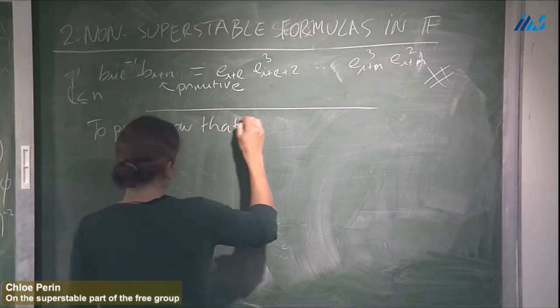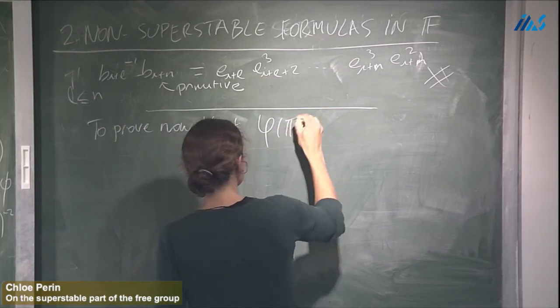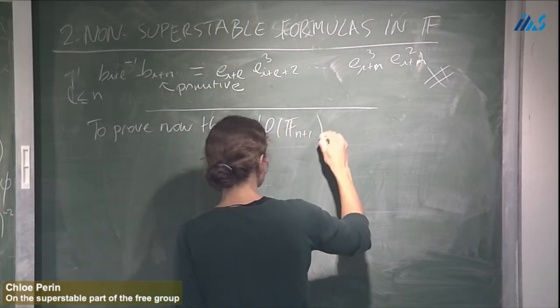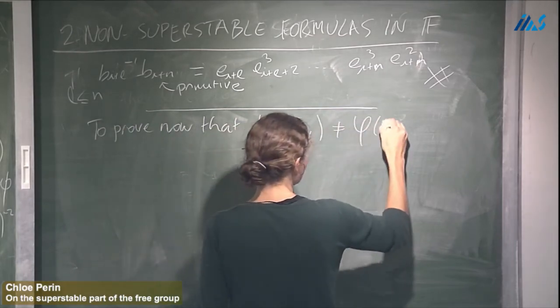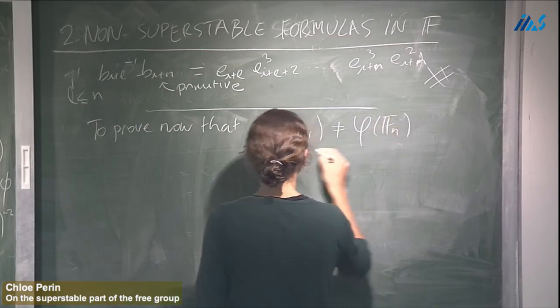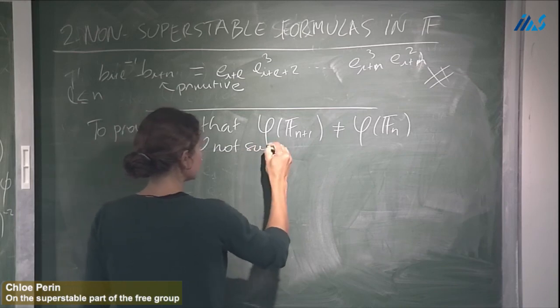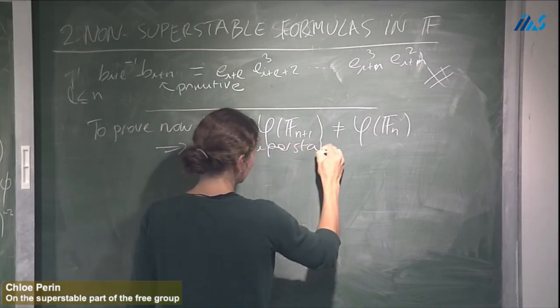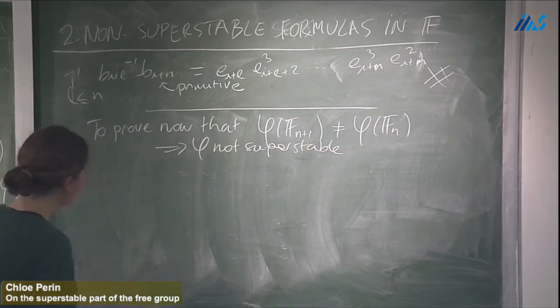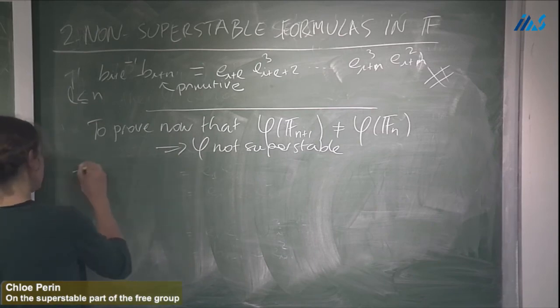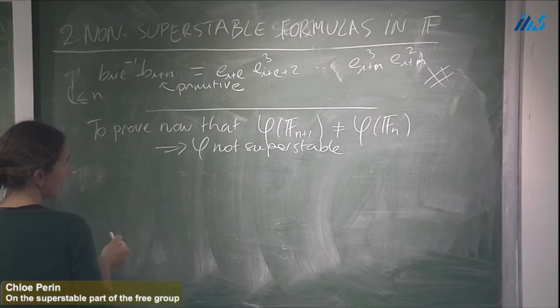I will give you the formulas that we use. Implies phi not superstable. So what do you do?